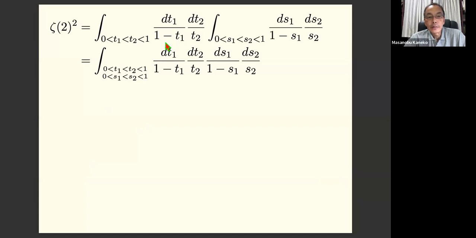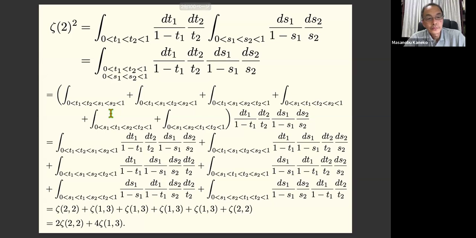Then, by using this integral expression, the product is just a Cartesian product of these. So this four-dimensional integral, we can divide this domain into 6 pieces. We can ignore the lower dimensional pieces, like T1 may be equal to S1, but that is measure 0.